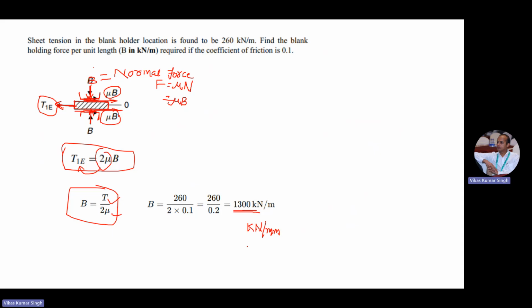I hope this is clear because it's very simple. Now we can see the next problem. Whatever questions I am giving in this assignment, they are all there in this book. Follow the Marciniak book. It's very good for sheet metal forming, and the professor has an online course following this book.